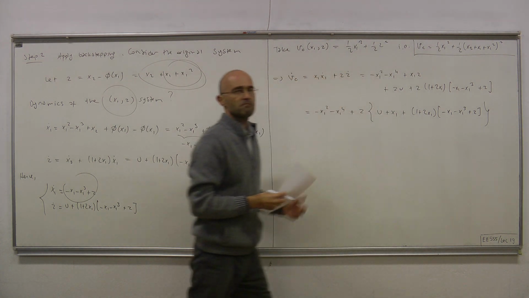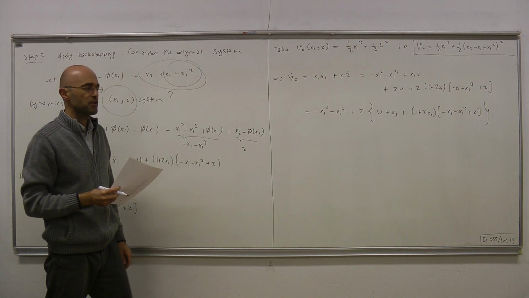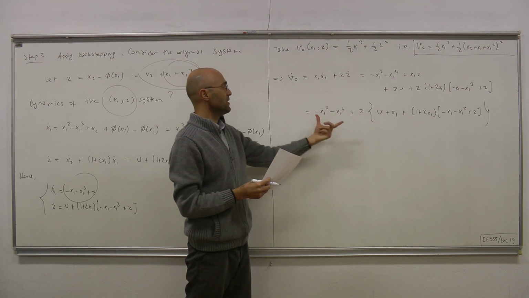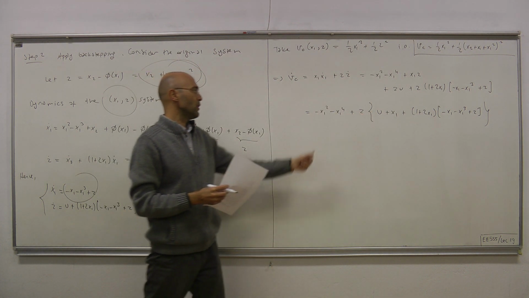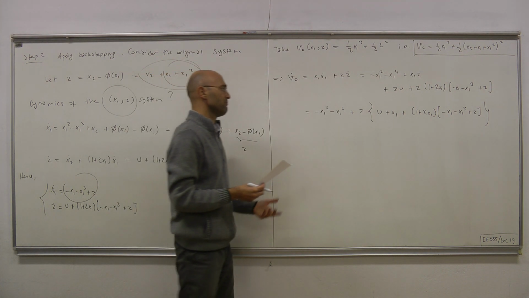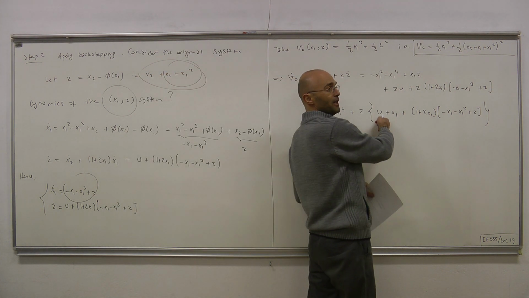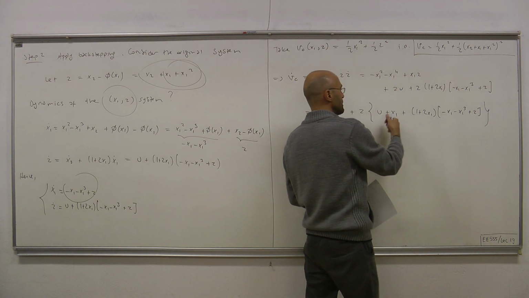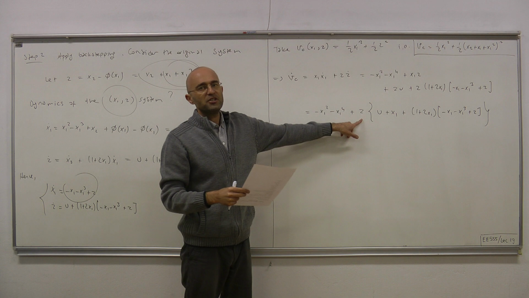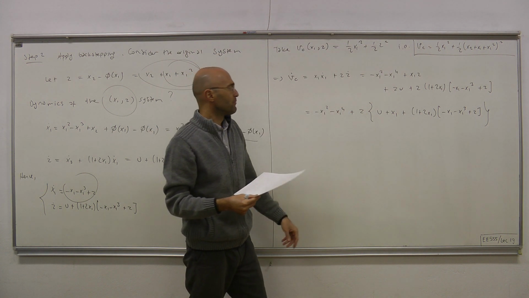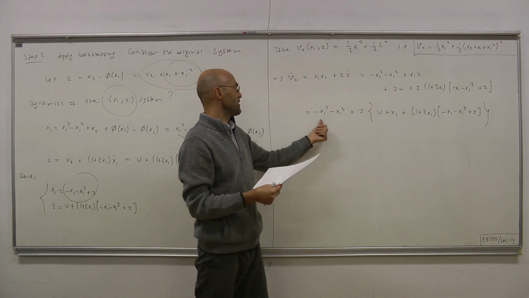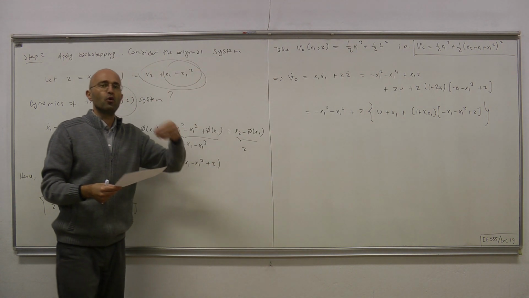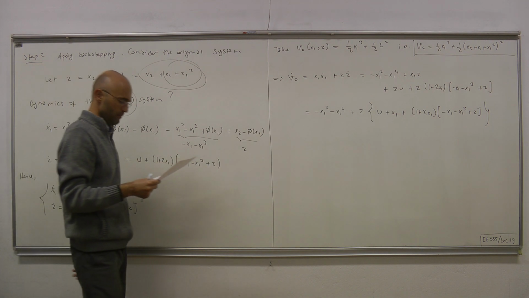Now the question is how to choose u so that we see that Vc dot is negative definite with respect to x1 and z. It's clear that you can choose u such that it removes all this and replaces it with minus z, for instance, or minus z cubed. Then the overall thing will be minus x1 squared minus x1 to the 4, and then minus z squared or z to the 4 and so on.